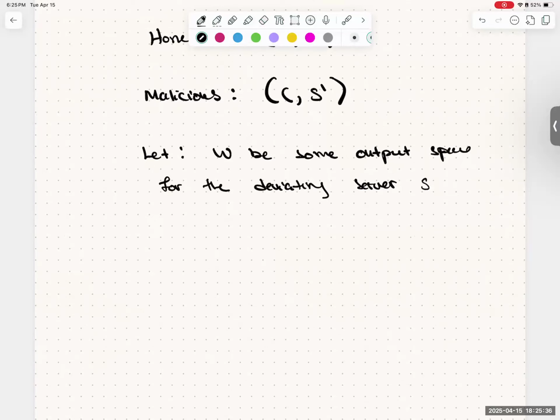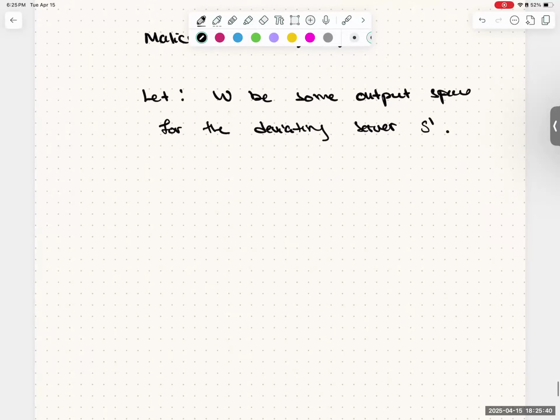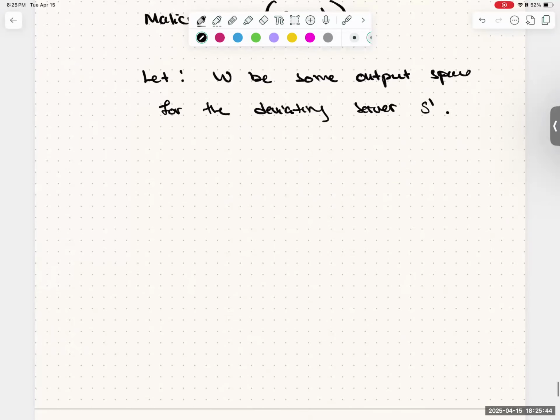That we write as S prime. So throughout the course of this protocol, the client-server interaction induces a map. And what is that map?